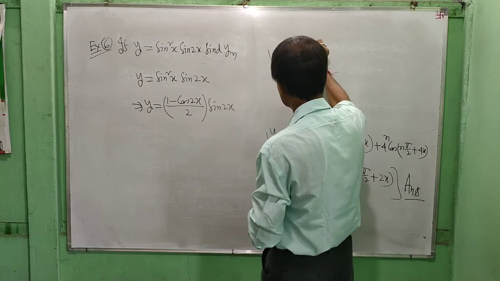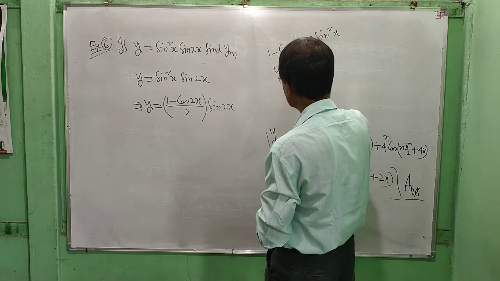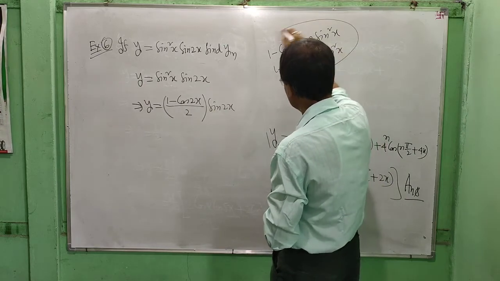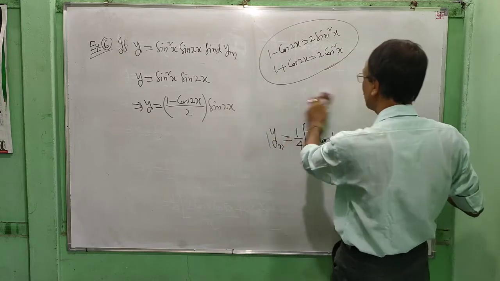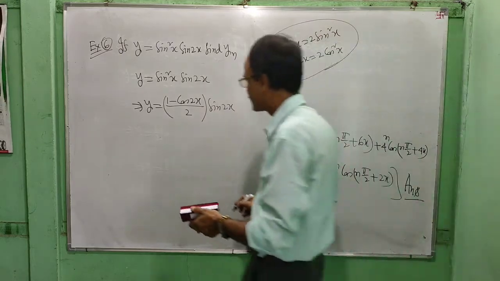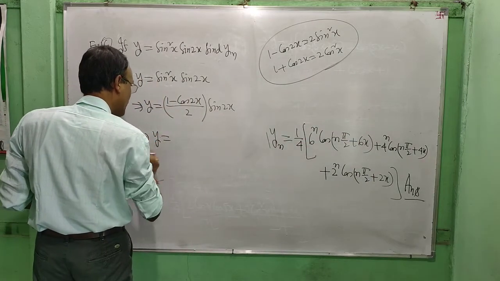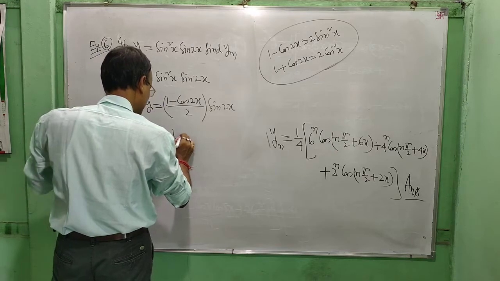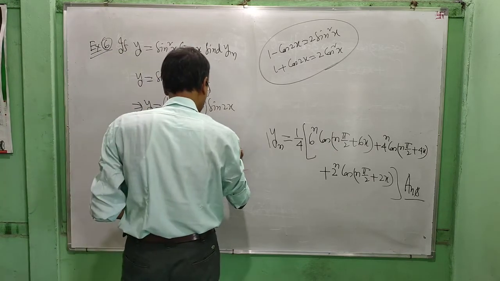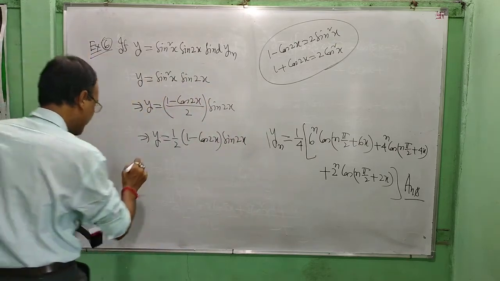You should always remember this: twice sin square x is 1 minus cos 2x, and 1 plus cos 2x is equal to twice cos square x. Frequently used formula: (1 - cos 2x)/2 is equal to sin square x. This means 1/2 times (1 - cos 2x) sin 2x.